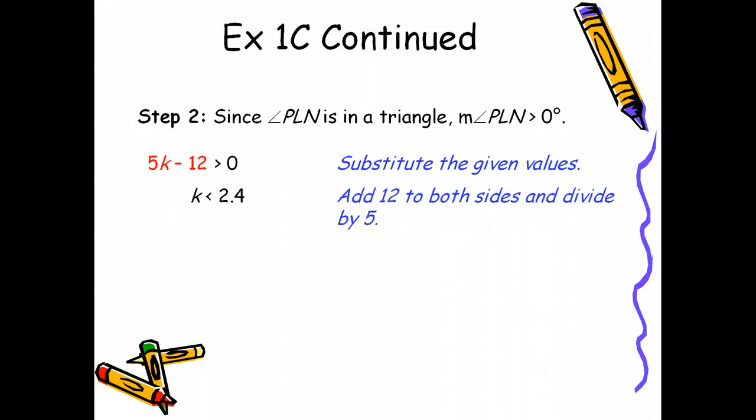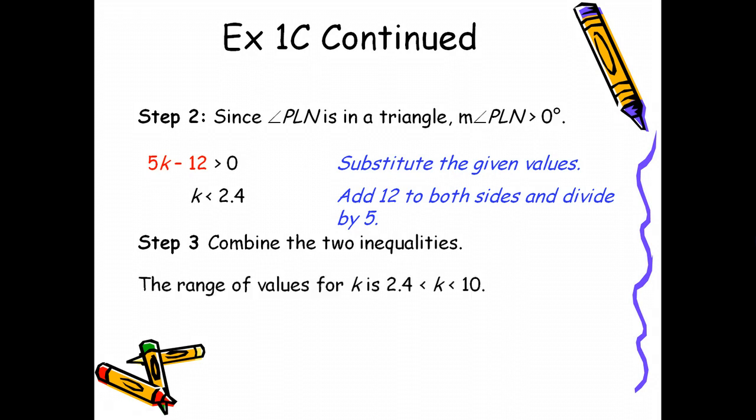So K is greater than 2.4. Step 3, we're going to combine the two inequalities, the one we got from step 1 and step 2, and we get the range of values for K is 2.4 is less than K, which is less than 10. So K must be between those two numbers.